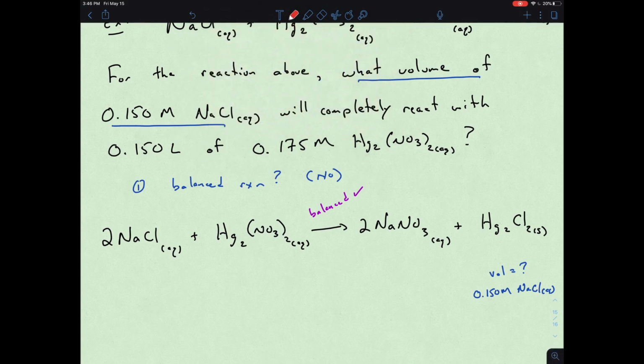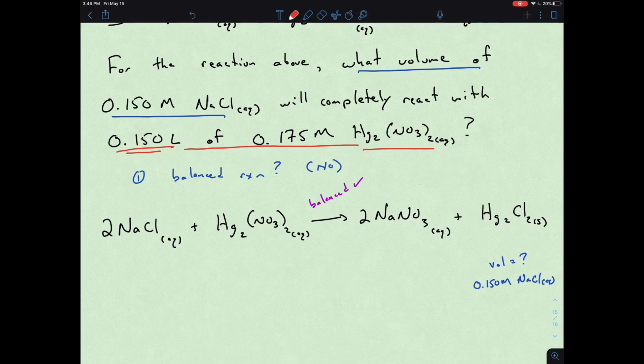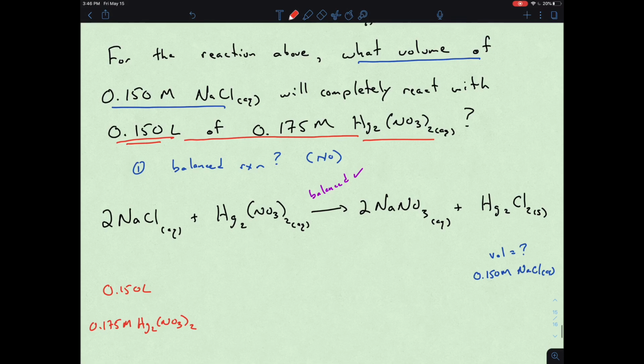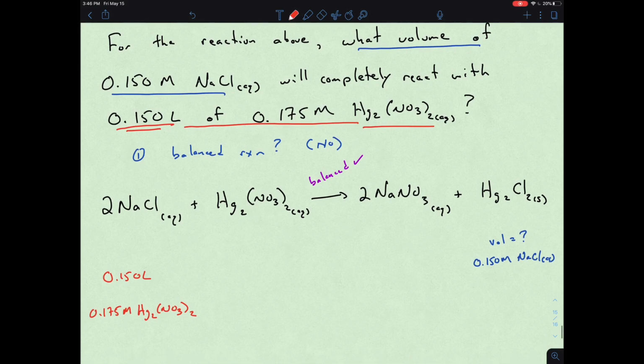Well, we're beginning with our measurement, which we see here, the 0.150 liters of the other material, the mercurous nitrate. So we already have a volume, and this is of the 0.175 molar mercurous nitrate. So this is just a mole-to-mole relationship, right? We have to figure out moles going forward.